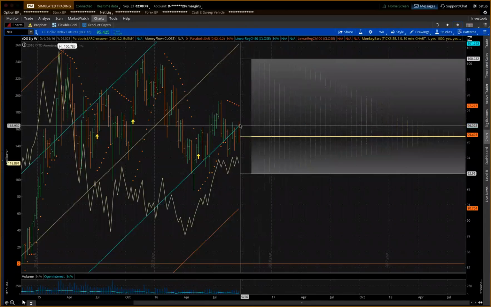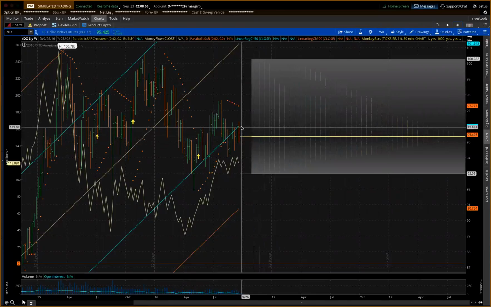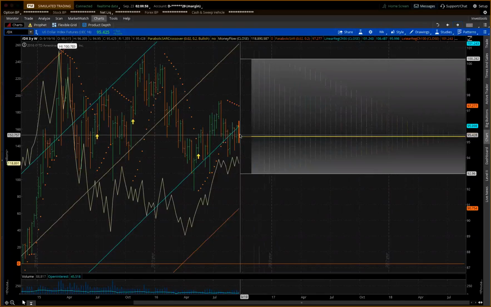Dollar index traded higher, hasn't whacked the low down here. I still lean long. This weekly bar, so we need the dollar to work on the upside today.